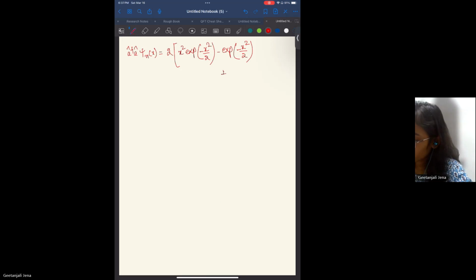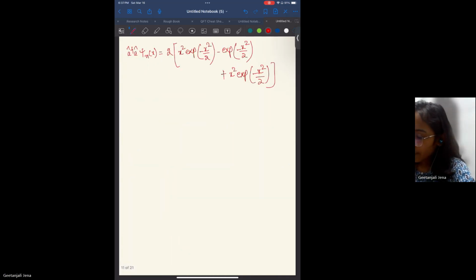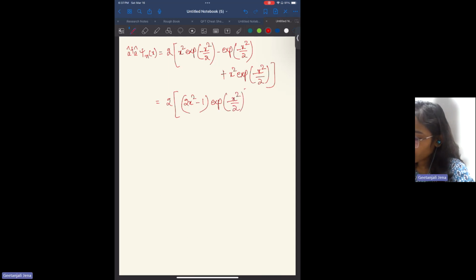The third term is plus x square exponential minus x square by 2. So these two terms, you have to just solve this one. So that means it is 2 times 2x square minus 1 exponential minus x square by 2. So this is nothing but the state that is given to you, psi x.